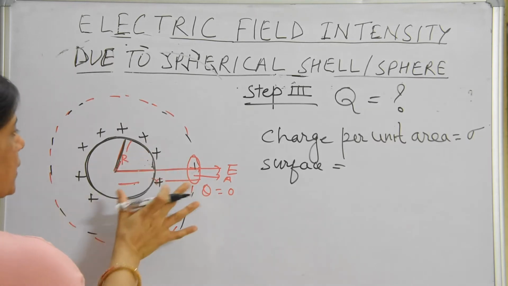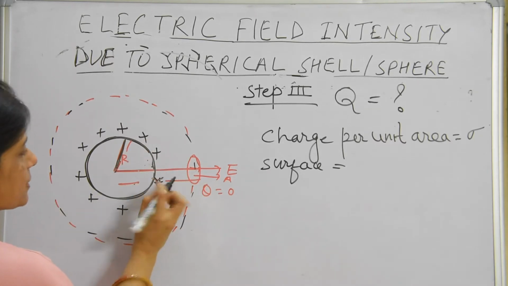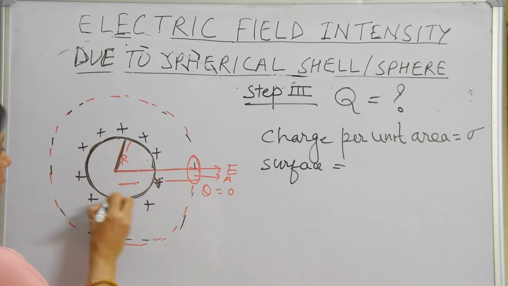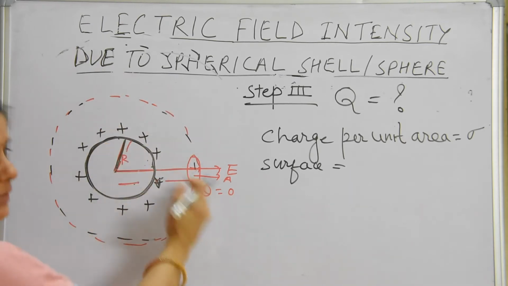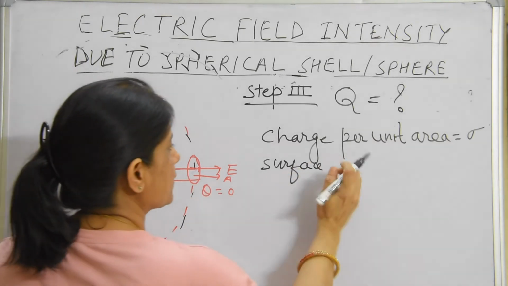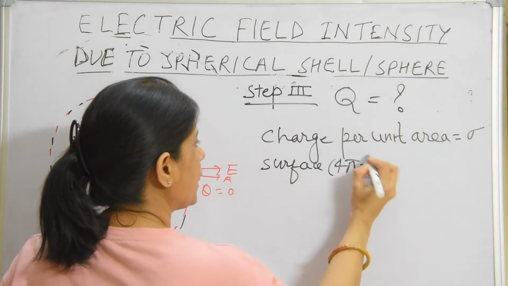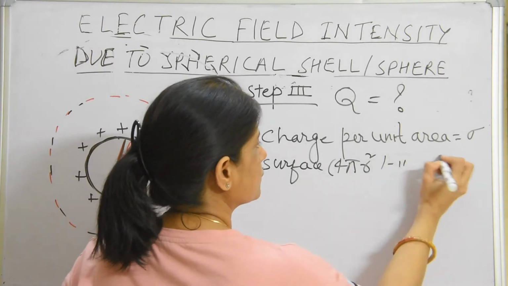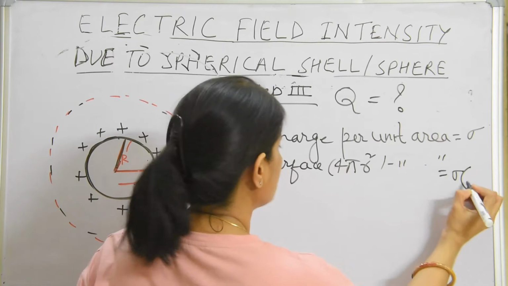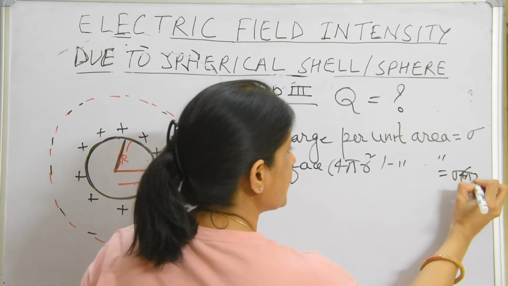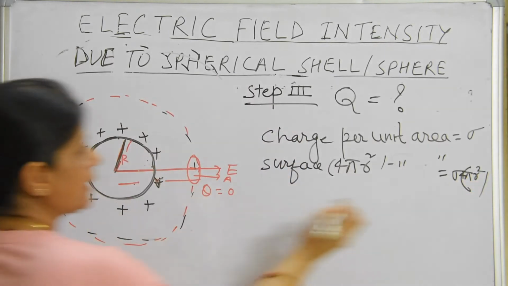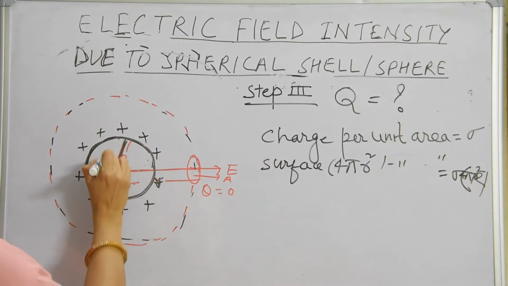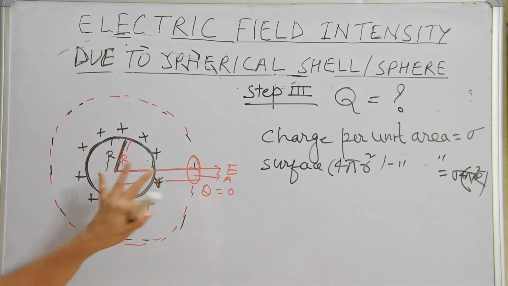What mistake do students commit here? They write 4 pi small r square. No. You have to go inside the Gaussian surface, then you have to see the charge. So in 4 pi R square area, what would be the value of charge? It would be sigma into 4 pi capital R square, since the radius of this sphere is capital R. Is this clear?